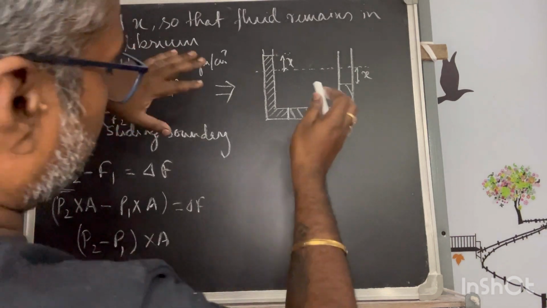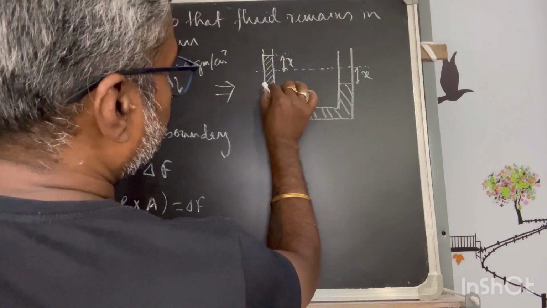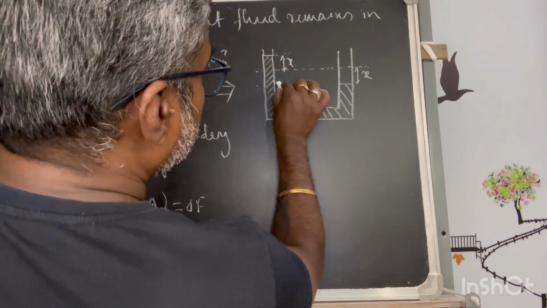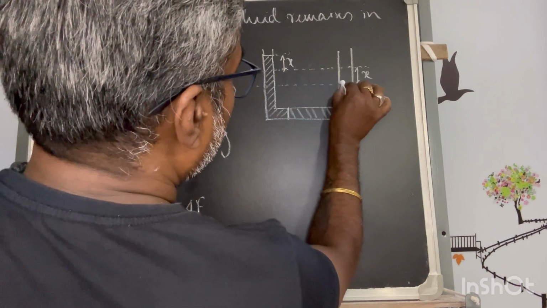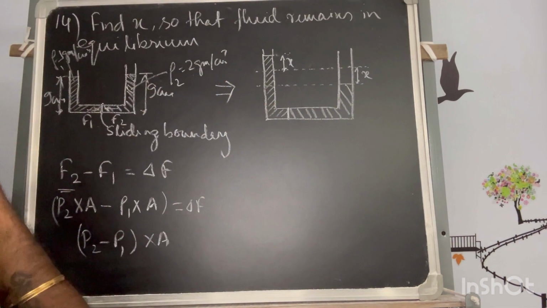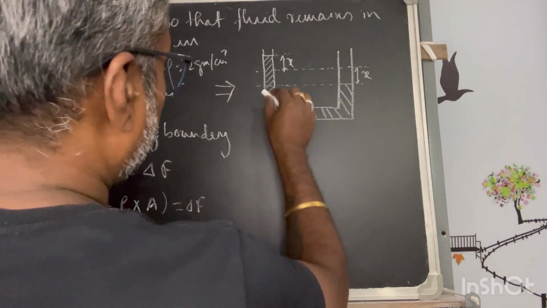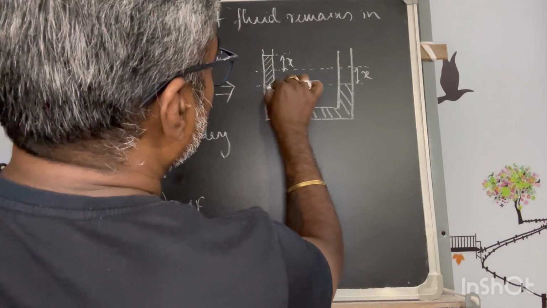Okay. Now, what I said: the pressure across a horizontal line cutting the two arms of a U-tube, if the fluid is the same, will be the same.